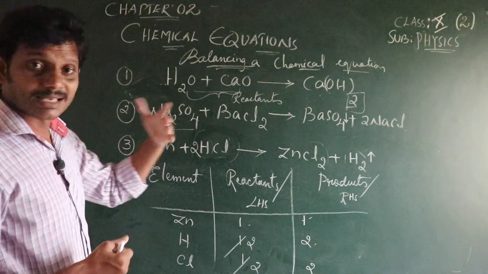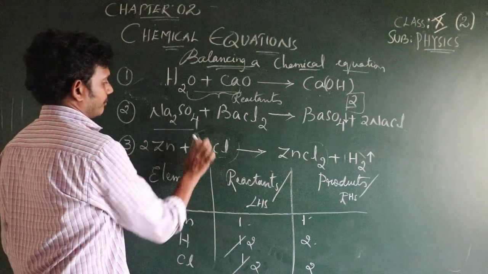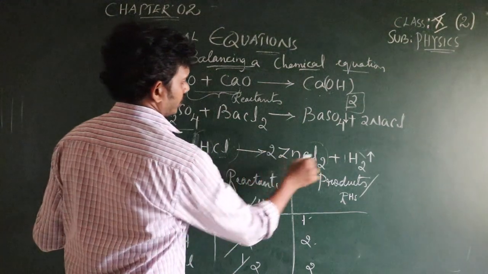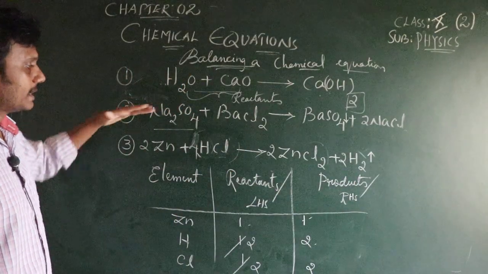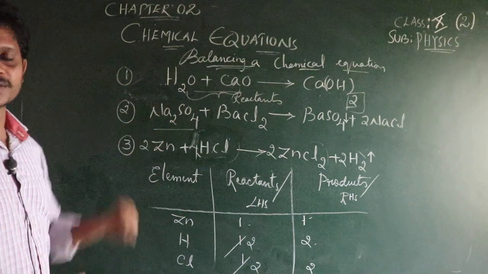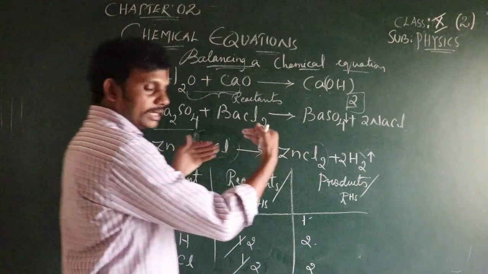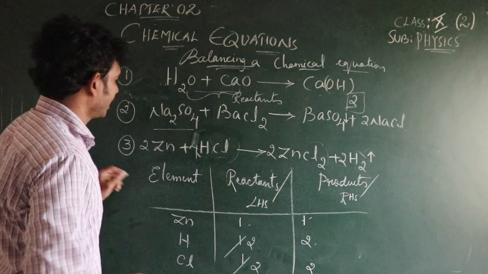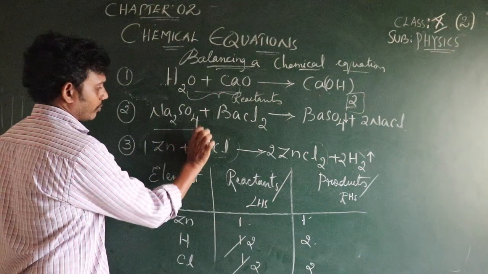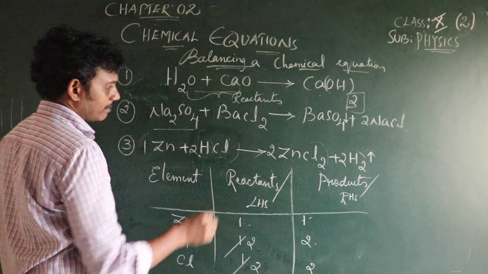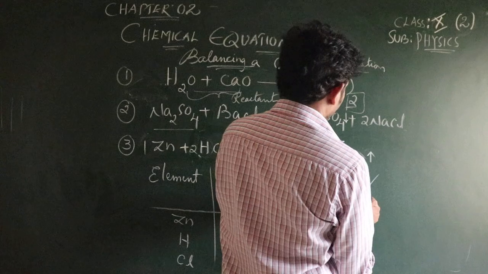If there is any excess number, for example I'm taking 2 here, here 4, here 2, here also 2, then in the final step that has to be reduced to the least number. Instead of 2 we can go with 1, instead of 4 we can go with 2, dividing all by 2, so here 1, here also 1.